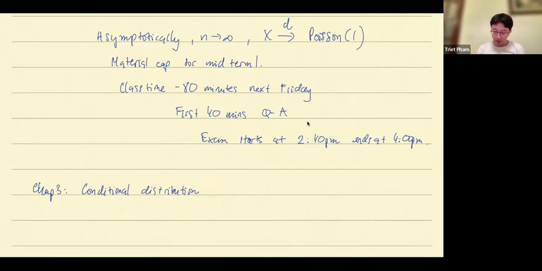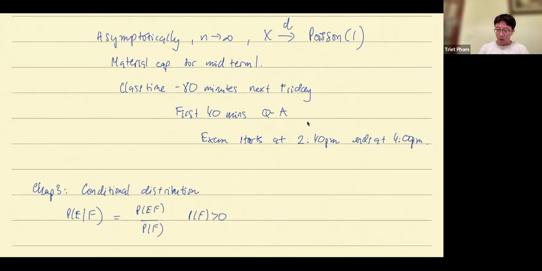Let's talk about the general idea of conditioning. If you have two events, E and F, then the probability of E given F is defined like this, of course requiring that P(F) is greater than 0.